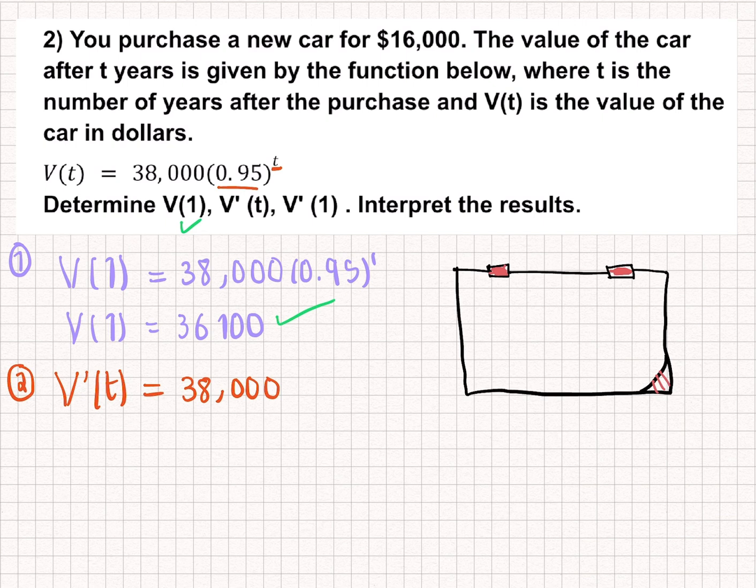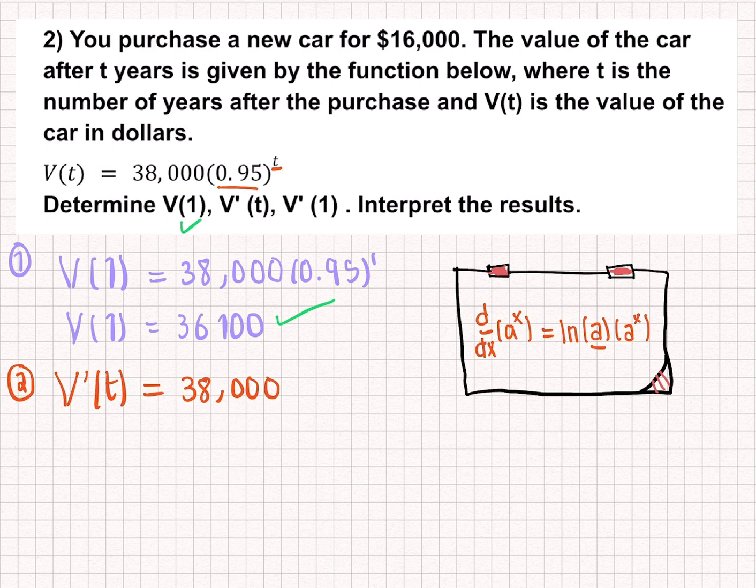And now, in order to find the derivative of 0.95 to the power of t, we have to use this rule. The derivative of a to the power of x equals the natural log of a times a to the power of x. Keep in mind that a is a positive number. It cannot be e.